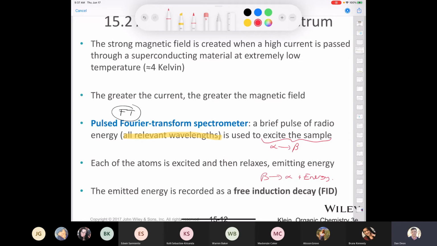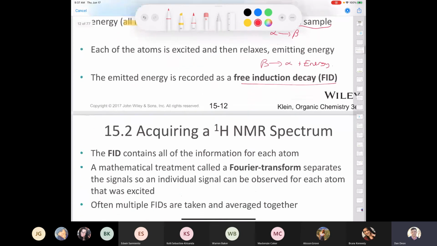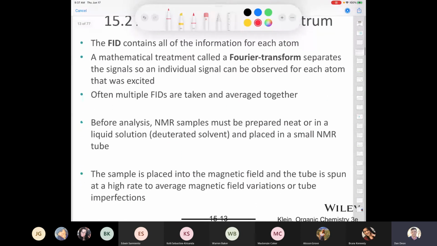So the emitted energy gets recorded as a free induction decay, or an FID, which is way beyond the scope of our class, and then it gets processed through a technique called the Fourier Transform, which is just a complex mathematical treatment. And then what that does is it separates the signals, so each individual signal can be observed for every atom that was excited. And normally we take a bunch of FIDs together.